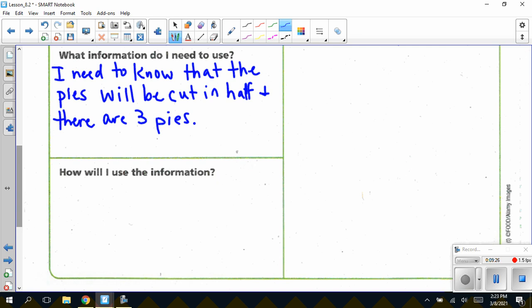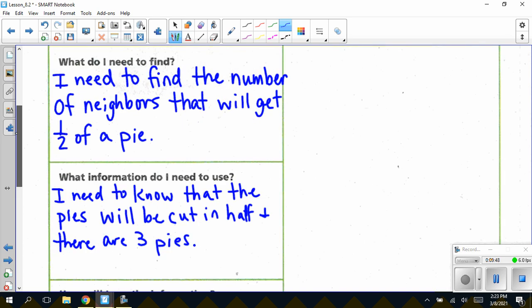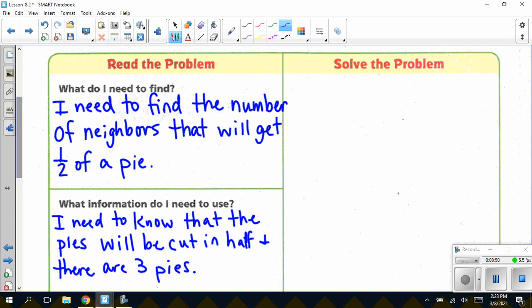And then how will I use the information? Well, I am going to draw a diagram to solve. So now, I'm going to draw 3 circles to represent the 3 pies.